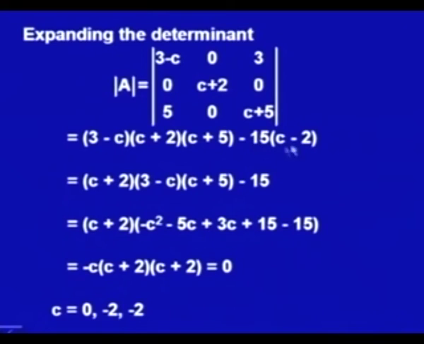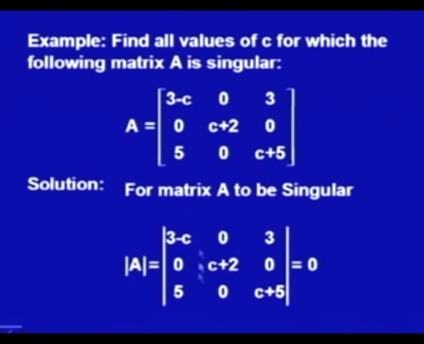Simplifying it, it comes out to be minus C times C plus 2 equal to 0, and that simply means either C is equal to 0 or C is equal to minus 2. So, for these values of C, the matrix A is singular.